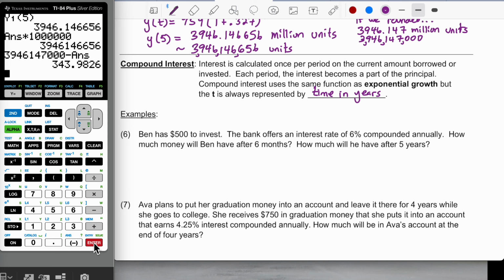All right. So these examples aren't really going to be any different than what we were doing, because I'm going to say y of t is equal to, we have $500 to invest, 1 plus 6%, so 0.06, compounded annually.